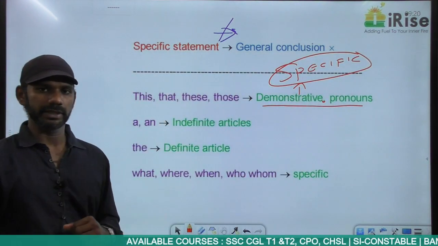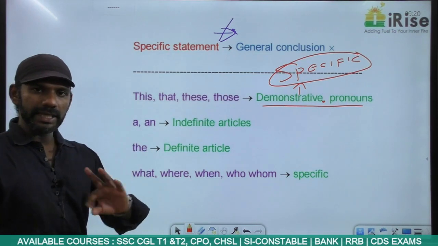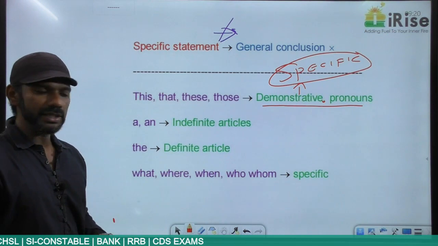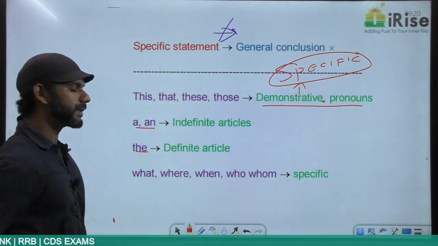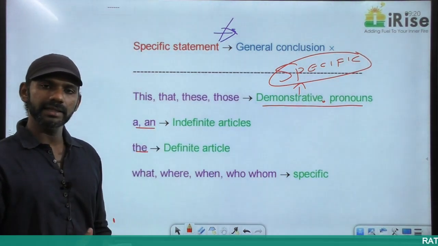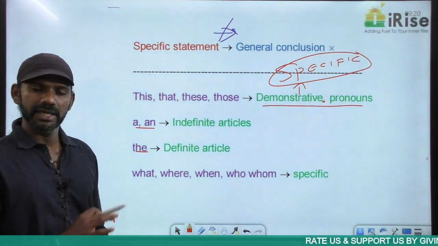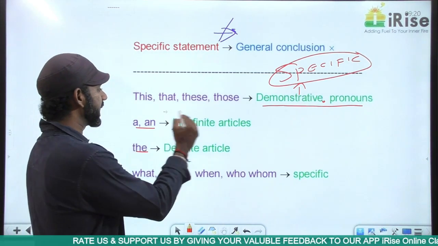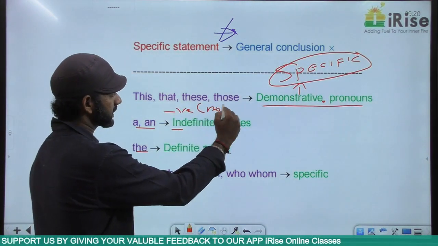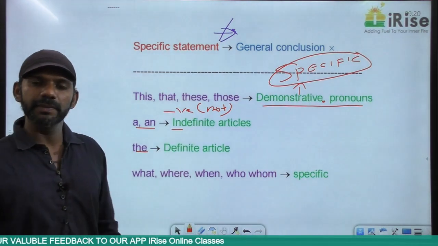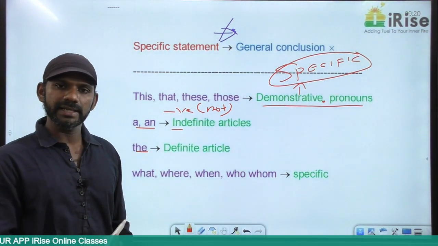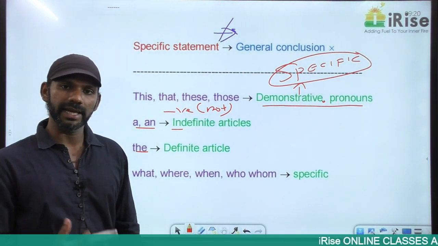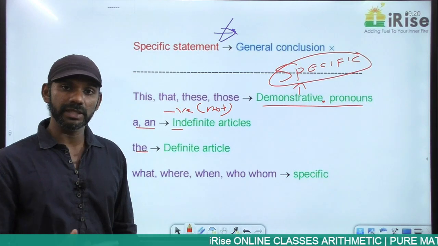I'll give an example before that. There are three articles in English. We'll discuss articles in the grammar part. There are three articles in English: a, an, and the. A and an are termed as indefinite articles, whereas the is called the definite article. In is a negative prefix meaning not. So if I say indefinite, that means not definite. A and an are called indefinite articles because we don't use a and an to refer to a specific person or a specific object.